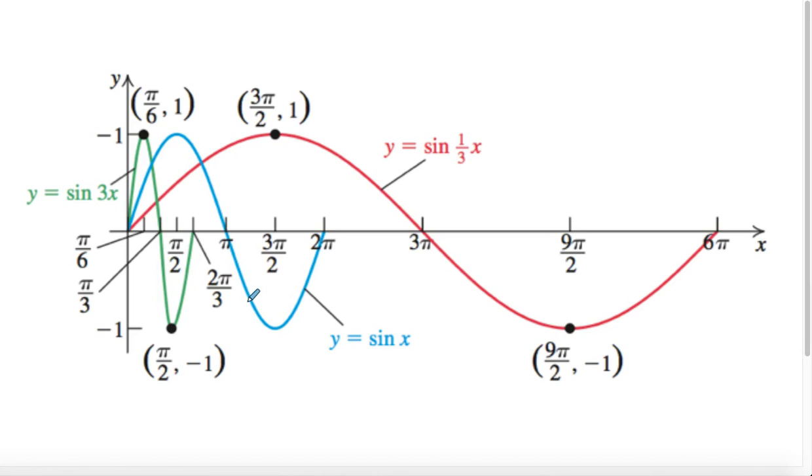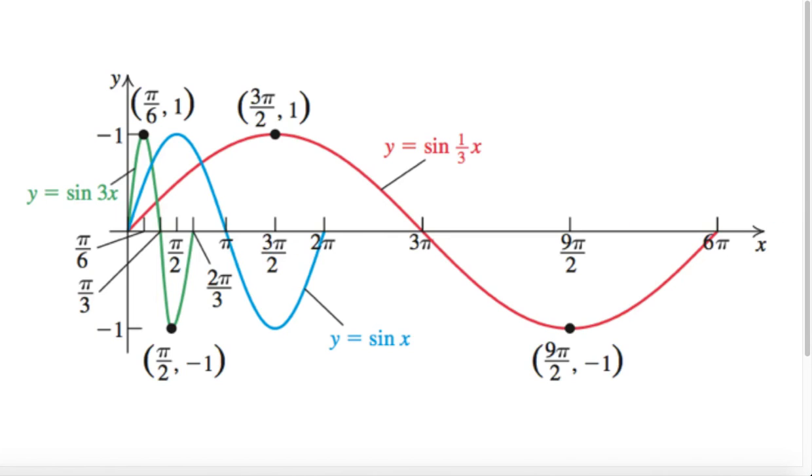Right, this is what it would look like to change the period. If we have a large b value, that's going to make the period much shorter. So this will oscillate much more quickly. If we have a much smaller b value, that's going to stretch out our graph. So just to give you a visual of what the b value would actually do.